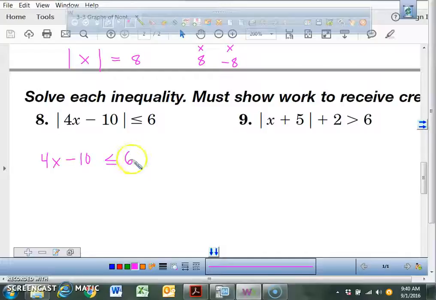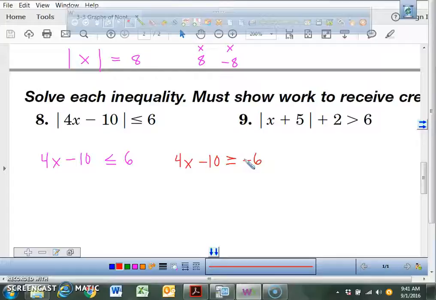Now, I'm also going to do a negative version. So 4x minus 10, this is going to freak you out, so don't let it freak you out too much. It's going to be greater than or equal to a negative 6. And you're like, wait a second, how did the sign change?